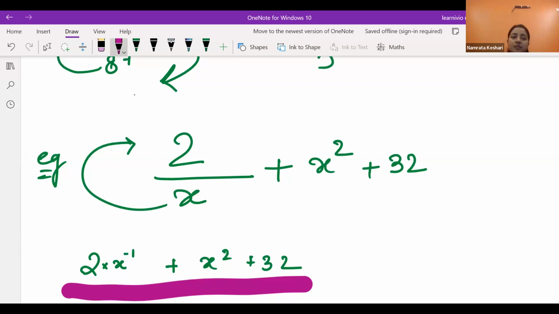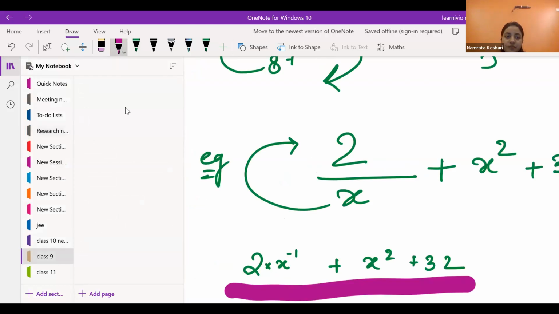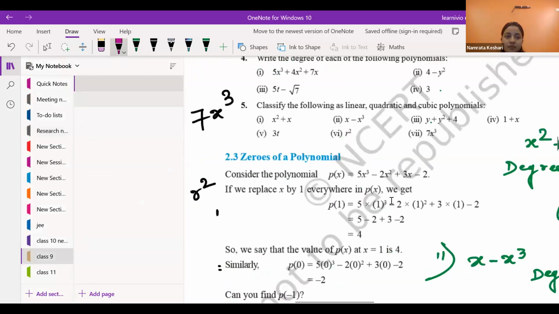Okay, perfect. This is how we will be identifying whether the given algebraic expression is a polynomial or not. Two conditions which are really important. Both the conditions are clear to you, right? Yes, ma'am.